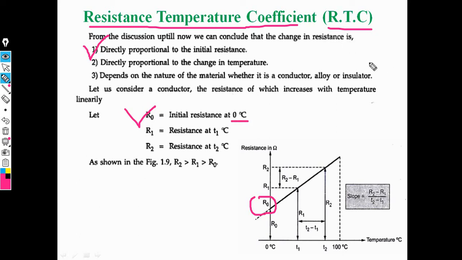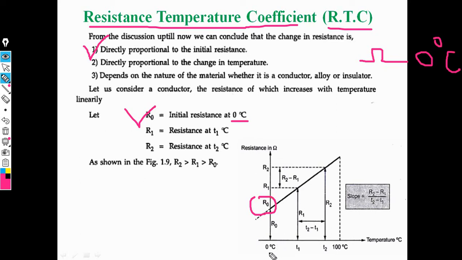Resistance is measured in ohm, temperature is measured in degree Celsius. This is the unit of resistance and temperature. That is, RTC is directly proportional to the initial resistance and directly proportional to the change in temperature. Change in temperature, that is t.